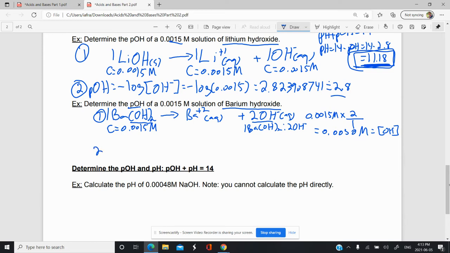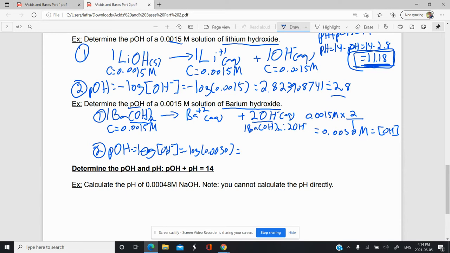Now, we can do our pOH is equal to negative log of concentration of OH-, which is a negative log of 0.0030. So negative log.